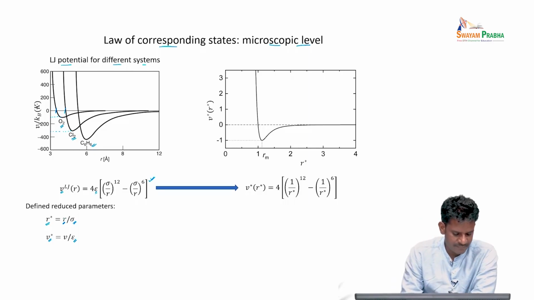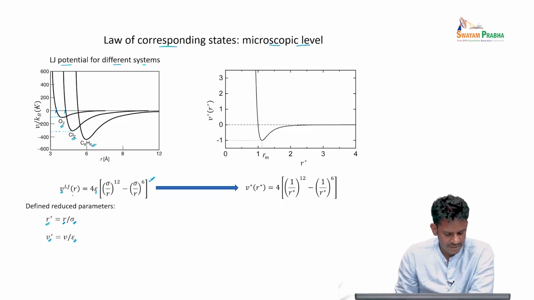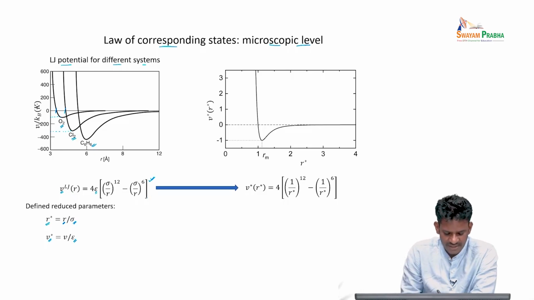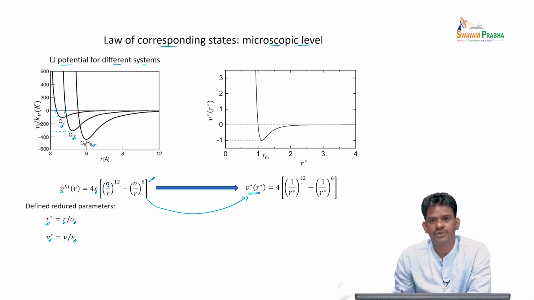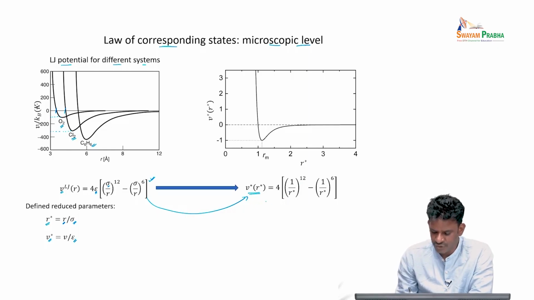So, when I substitute these reduced parameters, you can see that this Lennard-Jones potential, which depends on two parameters epsilon and sigma, in the reduced space becomes independent of those parameters. V star becomes a unique function of just R star alone.